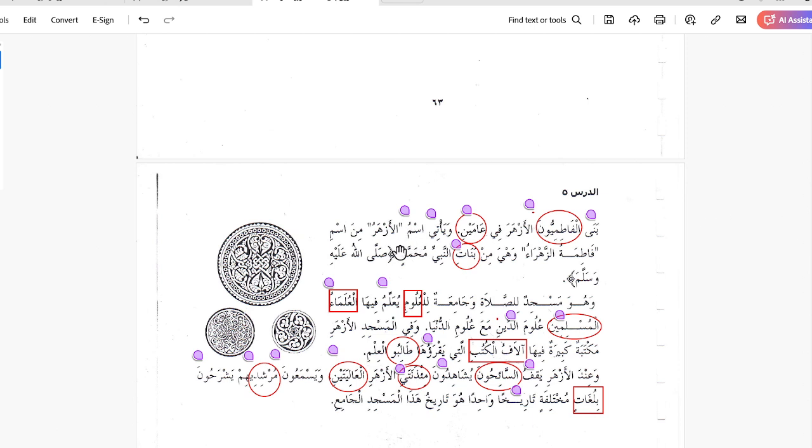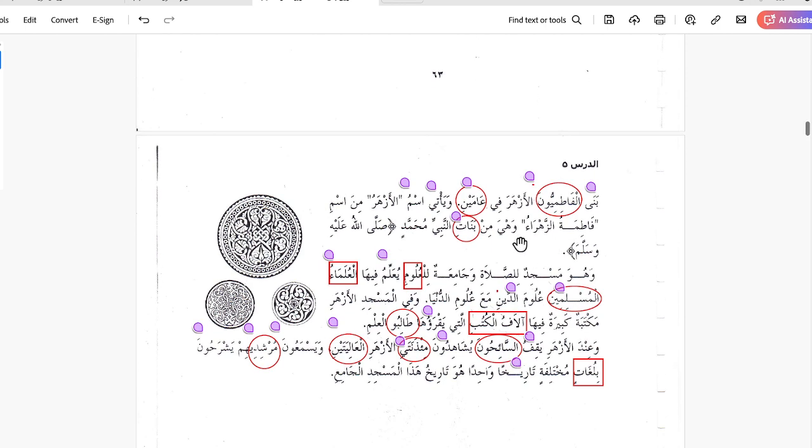We see marfu here. So the ism al-azharu comes. So yati ismul azharu. The name al-azhar comes min ismi Fatimatu Zuhra, from the name of Fatimatu Zuhra. Wahiya min banati Nabi Muhammad sallallahu alaihi wasallam, and she is from the daughters of Prophet Muhammad sallallahu alaihi wasallam.